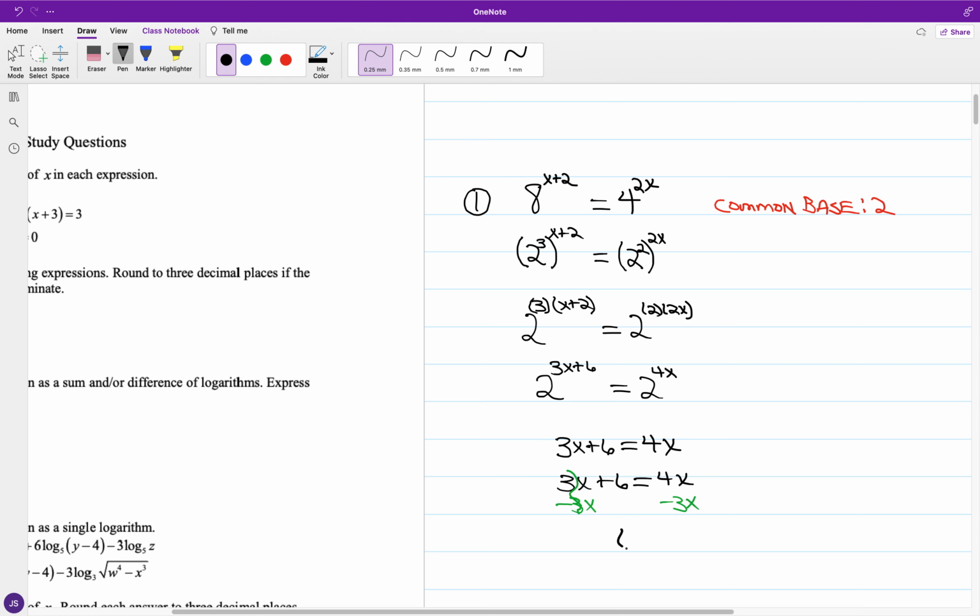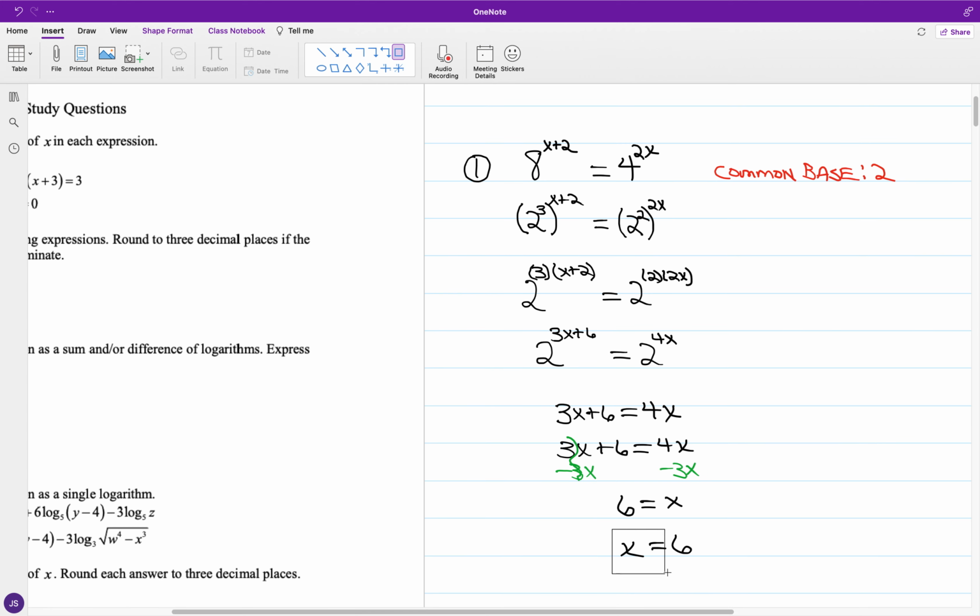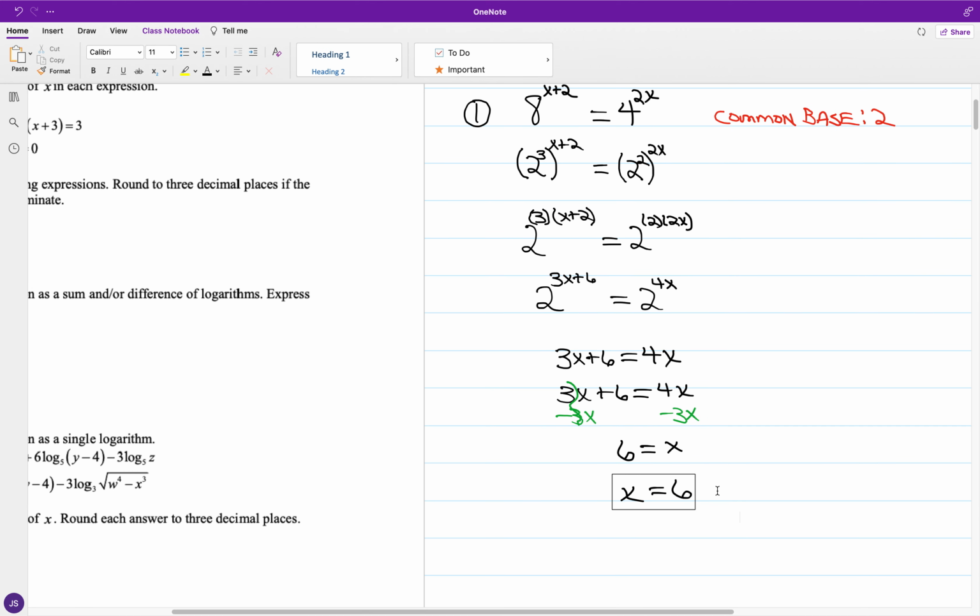So we have that 6 equals 4x minus 3x, which is x. Writing x on the left-hand side, we declare that the solution to 8 to the x plus 2 equals 4 raised to the 2x is x equals 6.